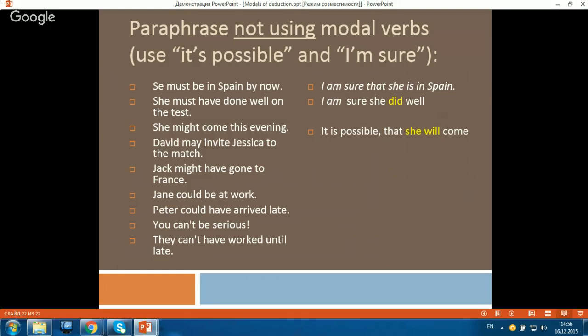Yes, it is possible that she will come this evening. The next one. It is possible that he will invite Jessica to the match. It is possible that Jack went to France, but we don't know what happened to him.